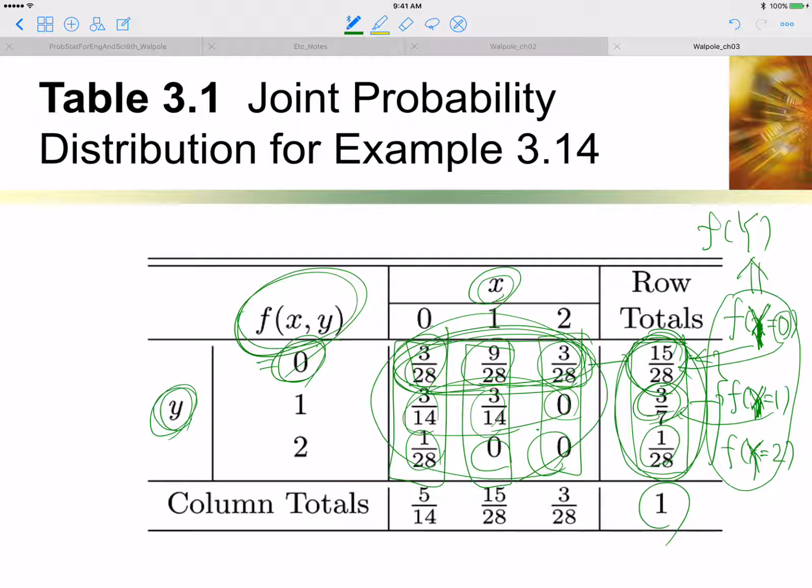But by summing up all of them, we can think of the probability of y being 0, and then y being 1 and 2. So this function is called a marginal probability distribution. Then these values will represent the marginal distribution of this guy. Any questions?